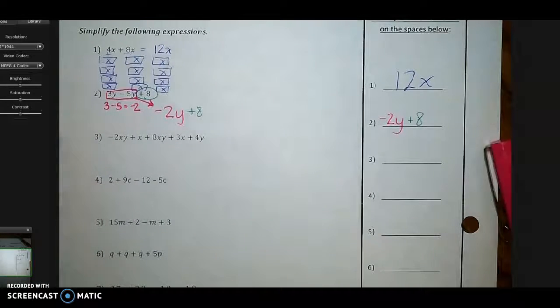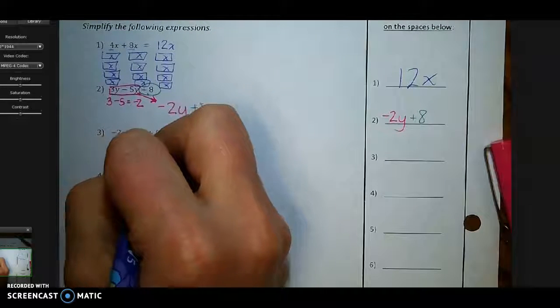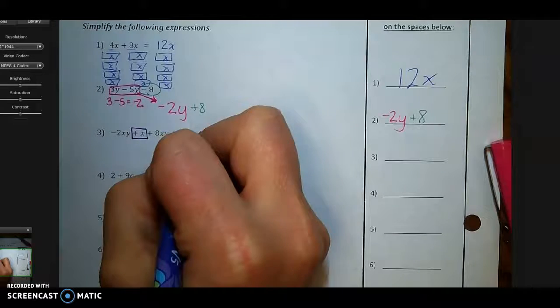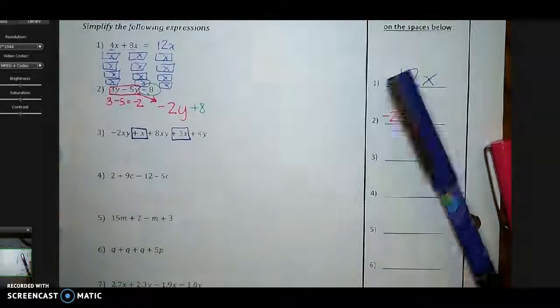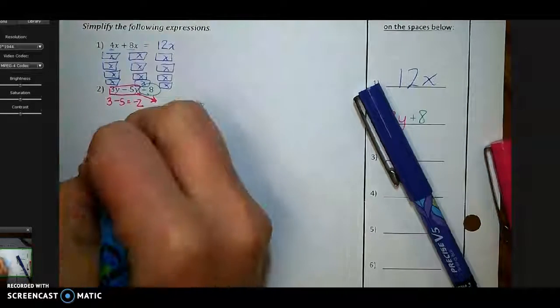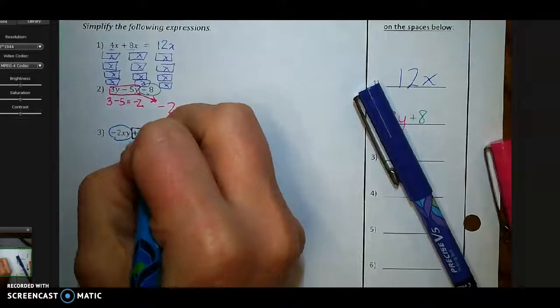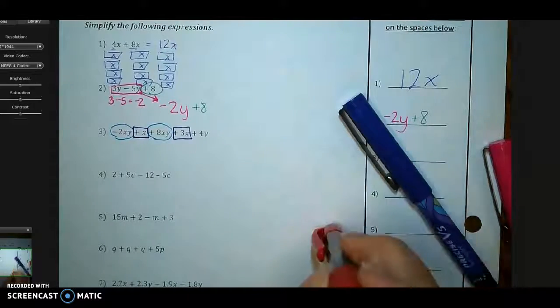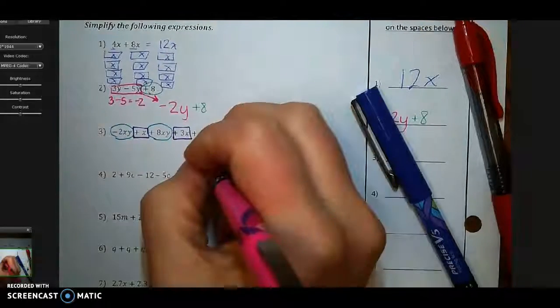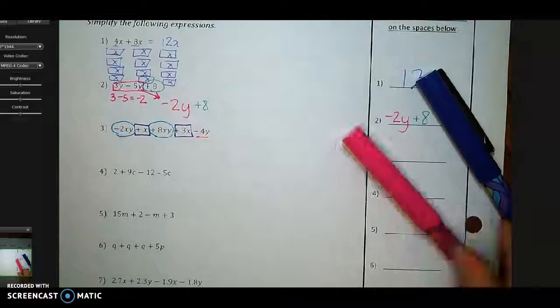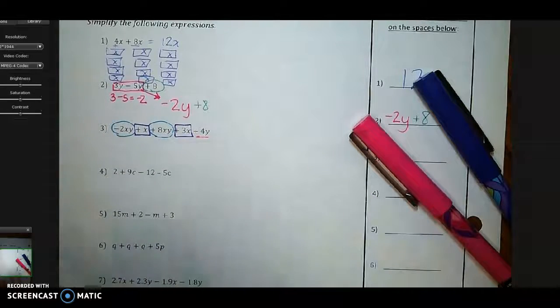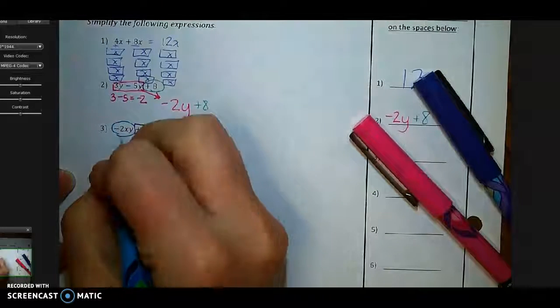The next thing I have there, I have some x's that are the same. I have some xy's. And then I have this 4y all by itself down here. So I'm going to combine these xy's, and I have negative 2 and I have positive 8.